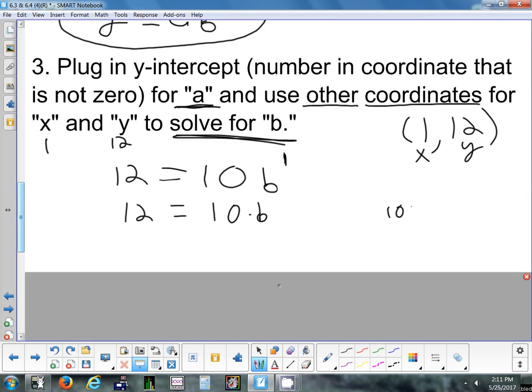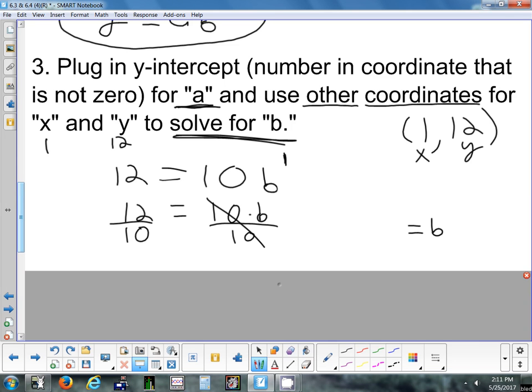So if we had something like this, then we could subtract 10. We have to divide by 10, because that's how you cancel multiplication. Okay? Divide by 10 and divide by 10. So what's b? Let's see.